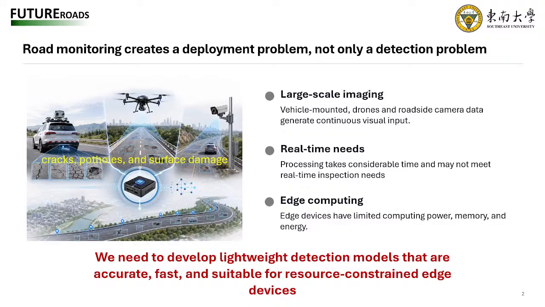Edge computing offers a possible solution because it can process the image data directly on the equipment. So road monitoring is not only a detection problem, but also a deployment problem, and we need to develop lightweight detection models that are fast and accurate for edge computing devices.